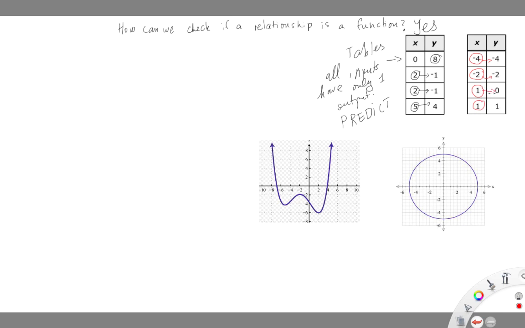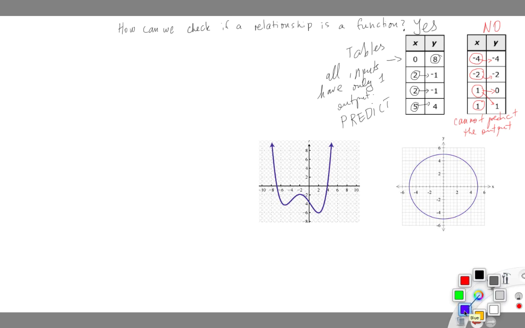I can either get a 0 or I can get a 1. I cannot predict which one I'm going to get. I cannot predict the output. If I cannot predict the output, that means that this table does not represent a function. It's not a function.